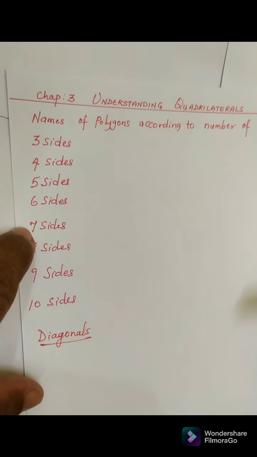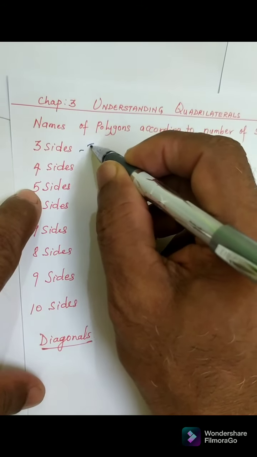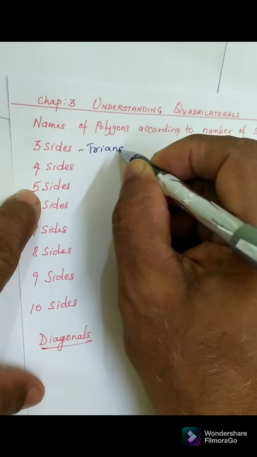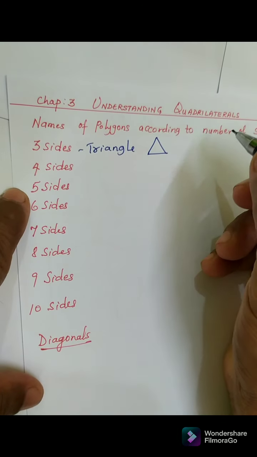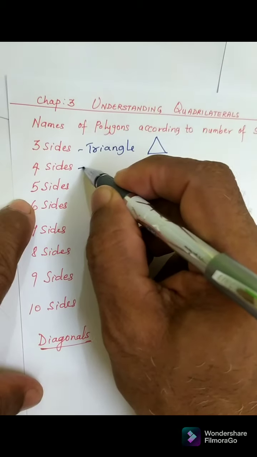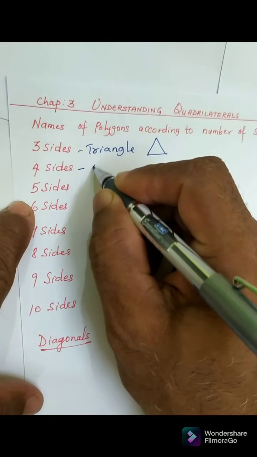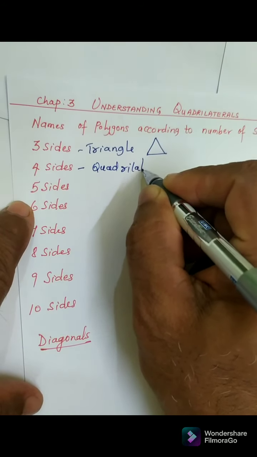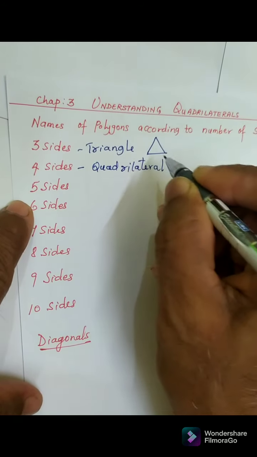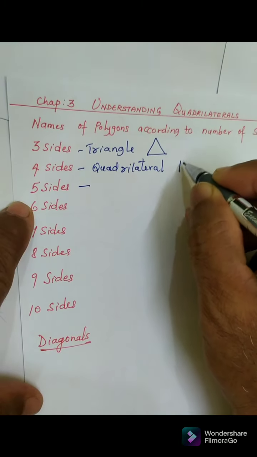Now let us see names of the polygons according to the number of sides. If there are 3 sides, we call that figure a triangle. We can draw a triangle like this. If there are 4 sides, we call it a quadrilateral.